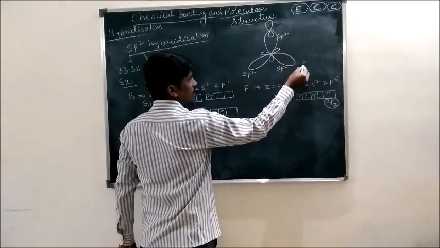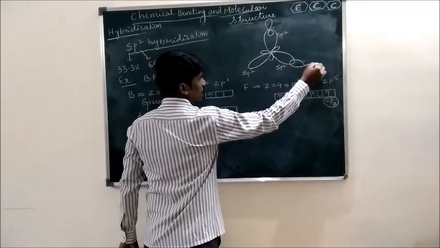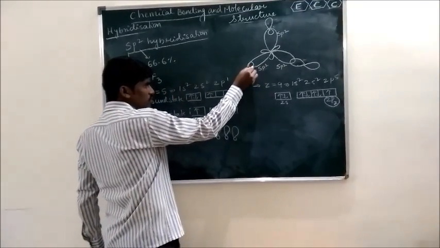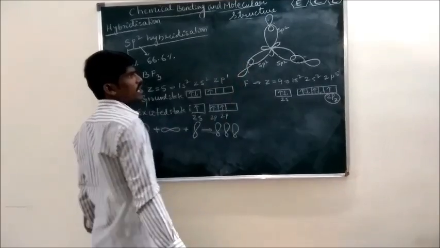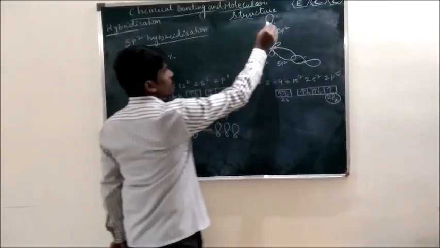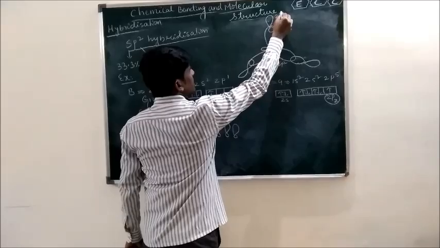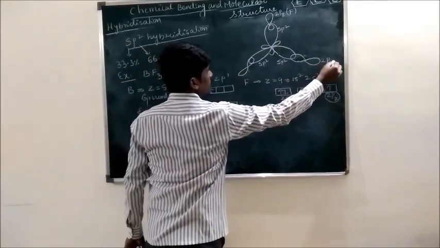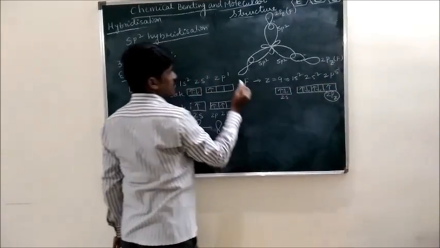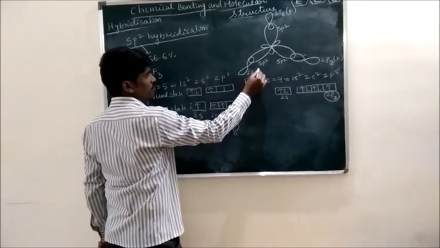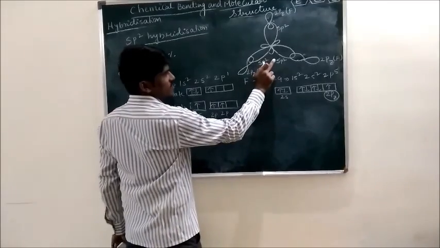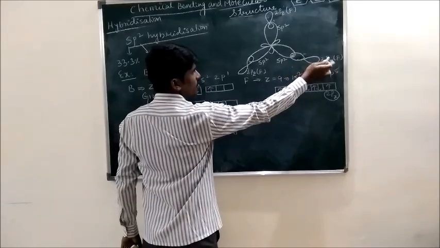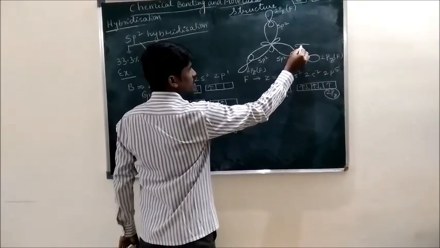Similarly, another fluorine atom can overlap with another sp2 hybrid orbital through its 2pz orbital, and likewise the third fluorine. The sp2 hybrid orbital overlapping with the 2pz orbital of fluorine leads to the formation of a sigma bond.